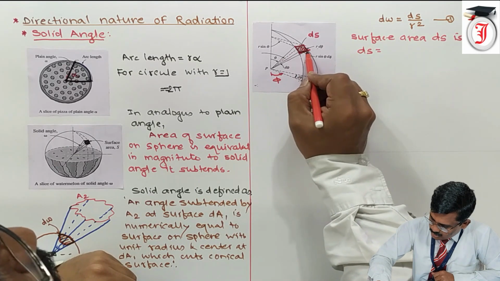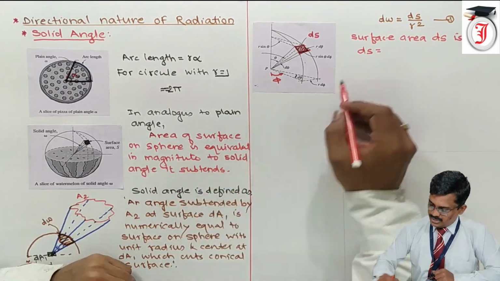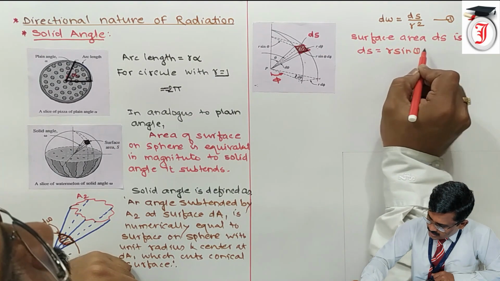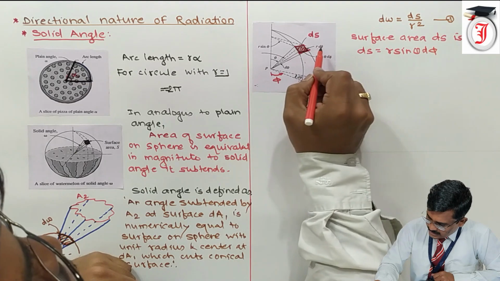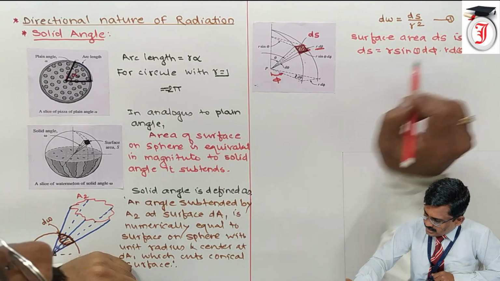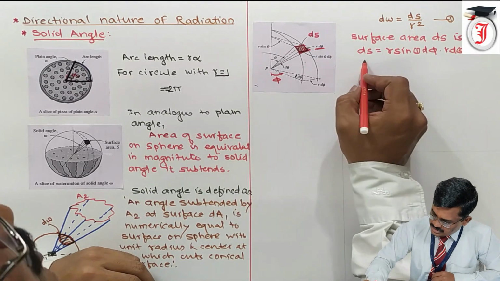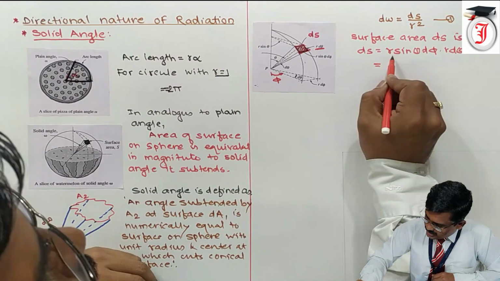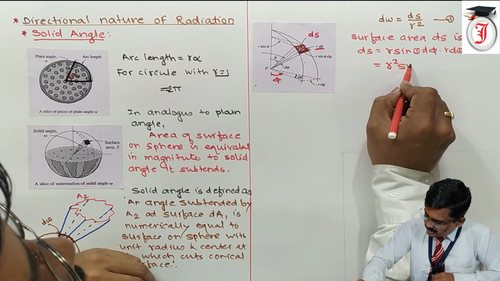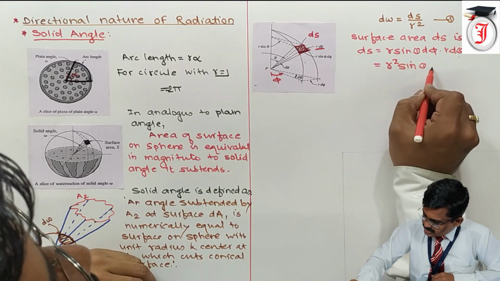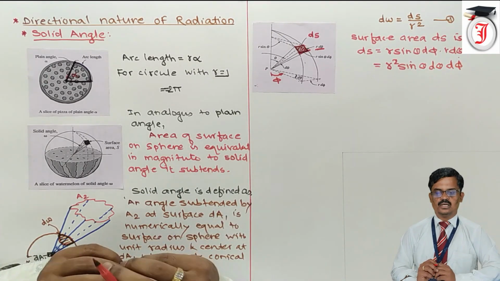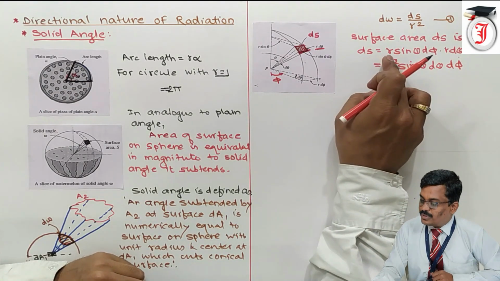Now this dimension into this dimension is nothing but the surface area, so it is r sin theta d phi into r d theta. Let us rearrange this equation. We get r into r, it becomes r square sin theta d theta d phi. So this is the surface area.